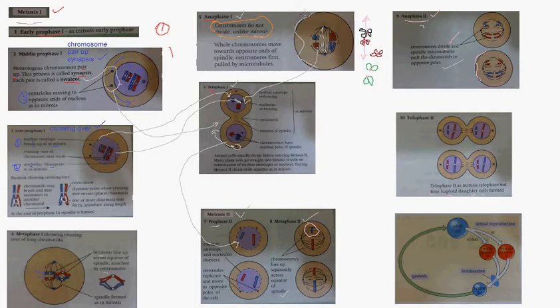Then in the anaphase stage, the bivalent pairs divided. One went up, one went down. Okay, in each pair, one went up, one went down to the opposite poles. Then each pole had its own cell produced. So there are 2 new cells produced. Okay, each one with 2 chromosomes.